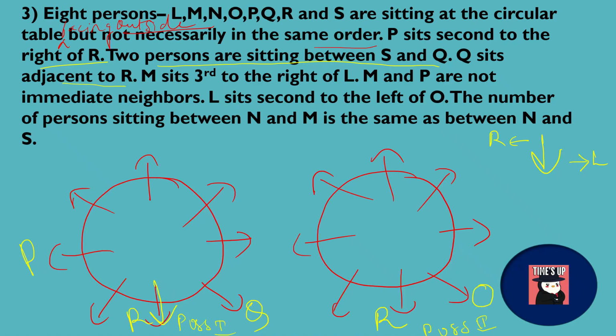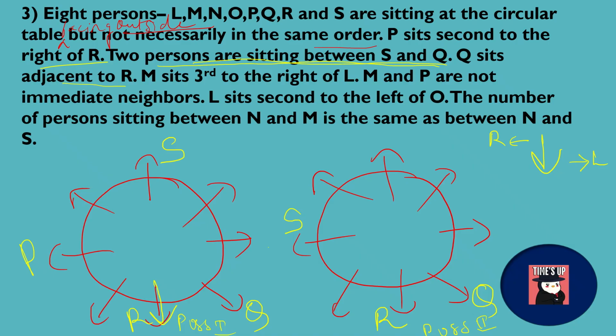Q is sitting adjacent to R if I keep it here like this. And they have said that 2 persons are sitting between S and Q. 1, 2, S will be here in the first possibility. 1, 2, S will be here in the second possibility.